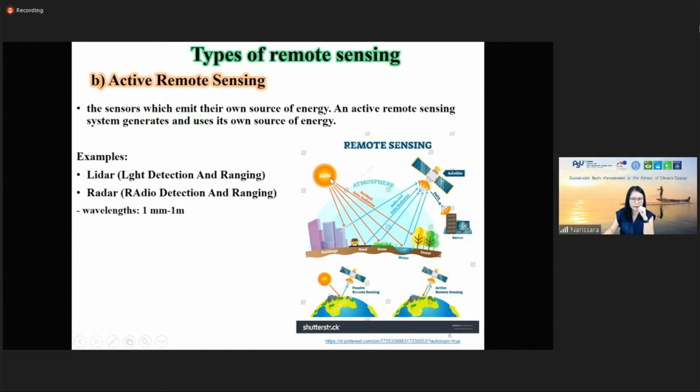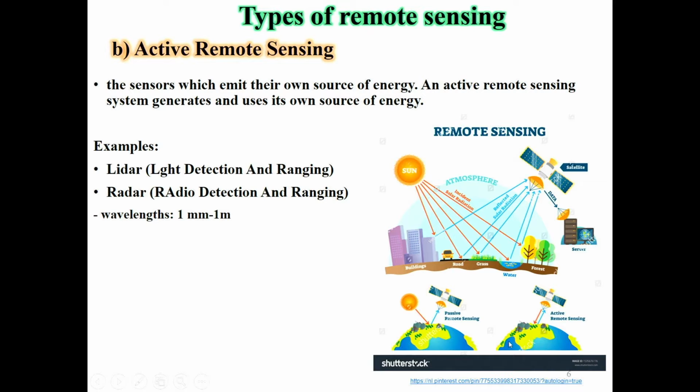This is how it works. From the satellite, which has the sensor, the sensor can produce radiation by itself and send it to the surface of the earth.